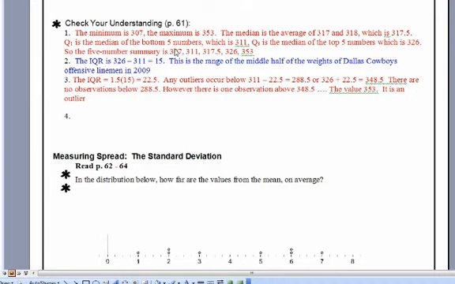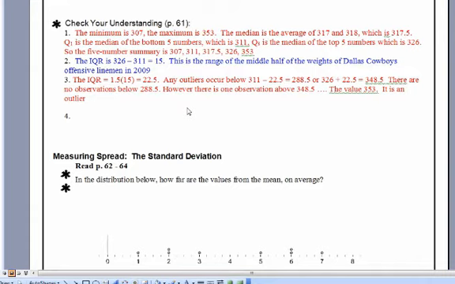Q1 is the median of the bottom 5 numbers, which is 311. Q3 is the median of the top 5 numbers, which is 326. So the 5-number summary is 307, 311, 317.5, 326, and 353.